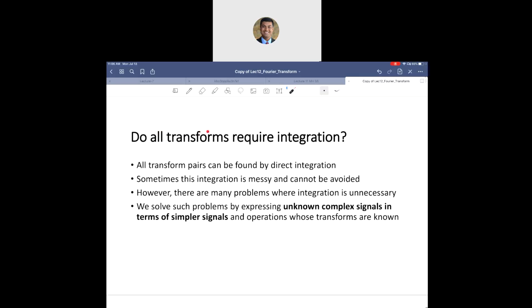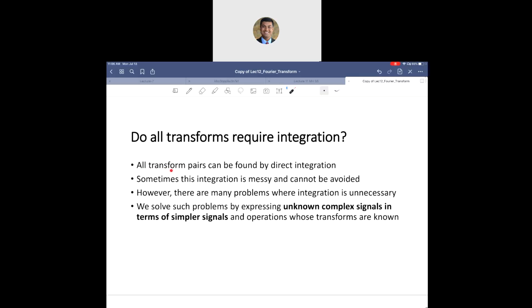Do all Fourier transform pairs require integration? I'm sure you will appreciate doing less integration. And that's the key.